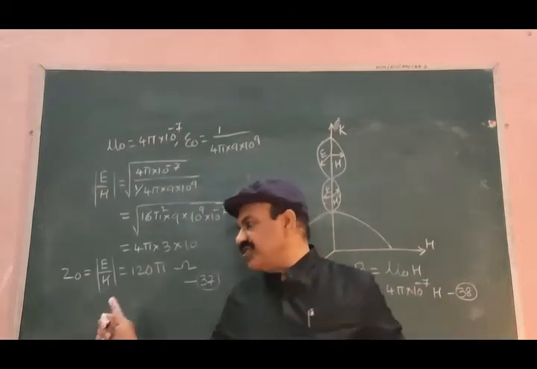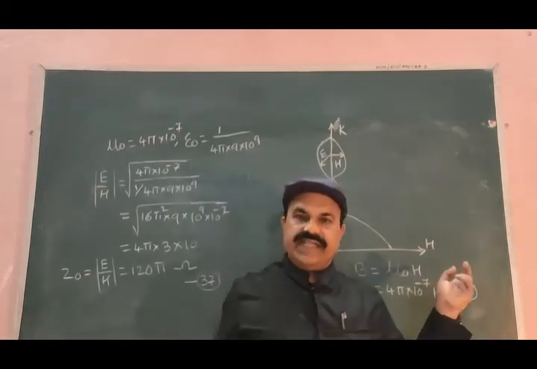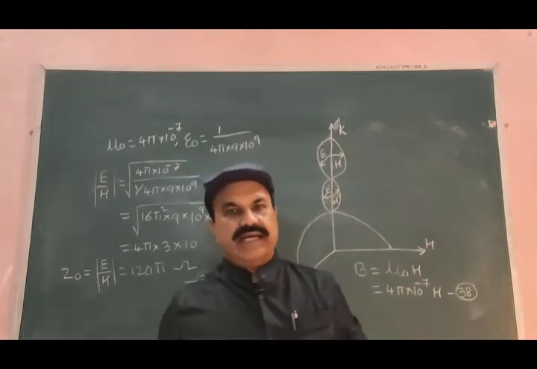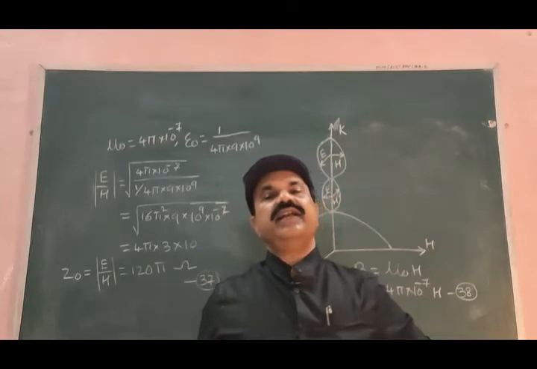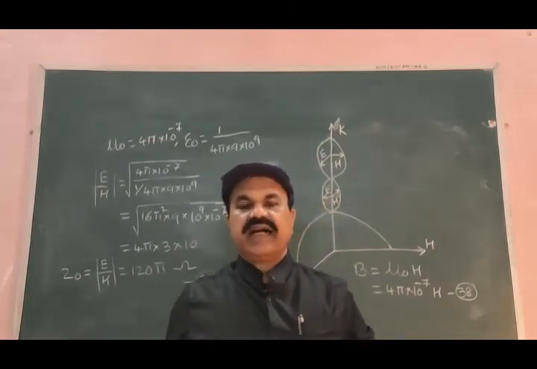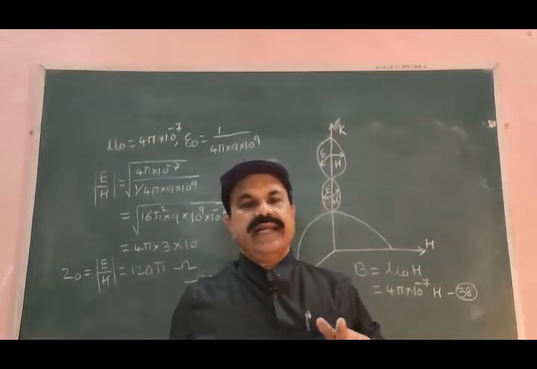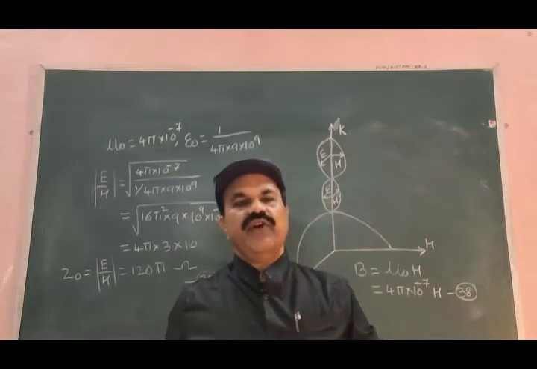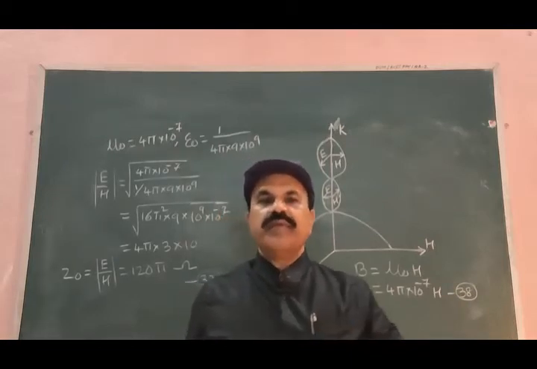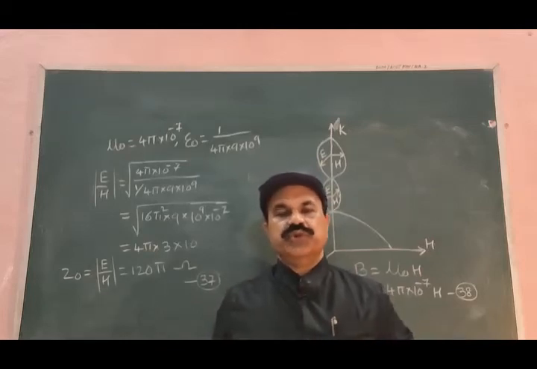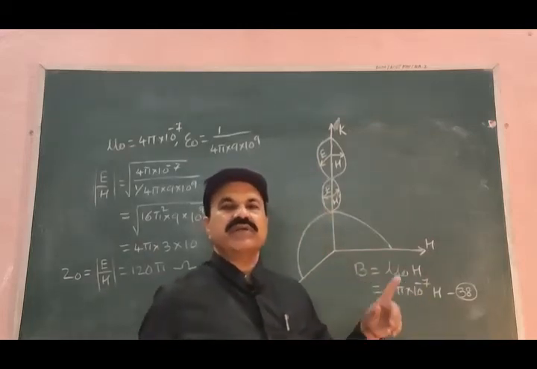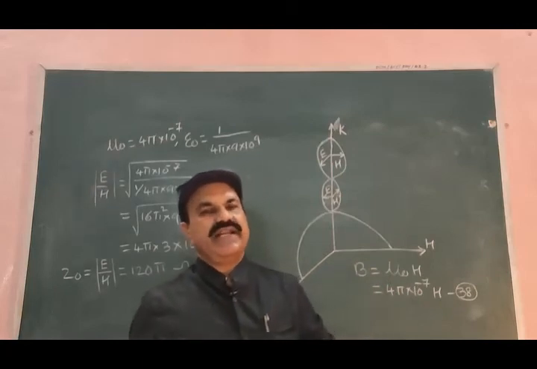From these two equations 37 and 38, we can conclude that E is much more than H, and therefore the electrical component of an electromagnetic wave is very important as compared to the magnetic component of the electromagnetic wave.